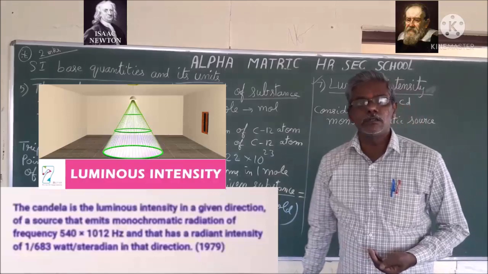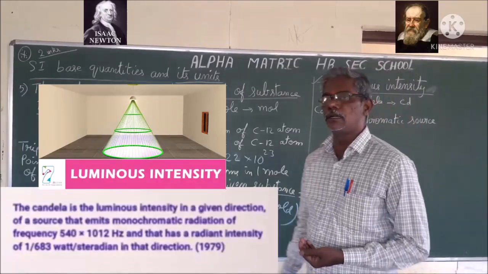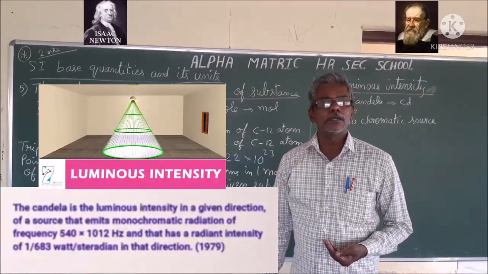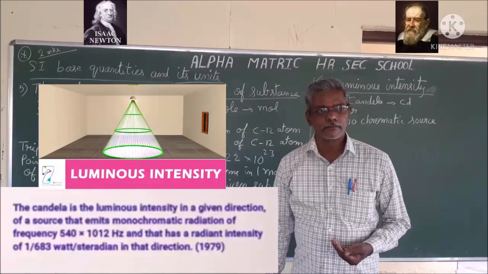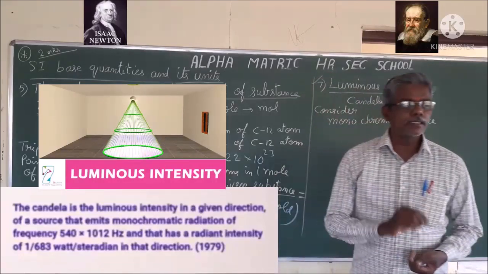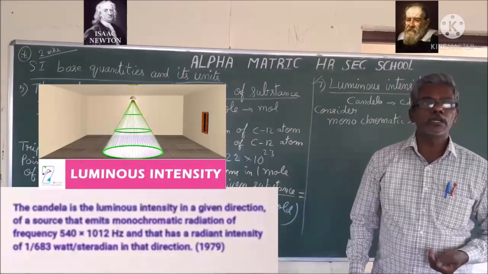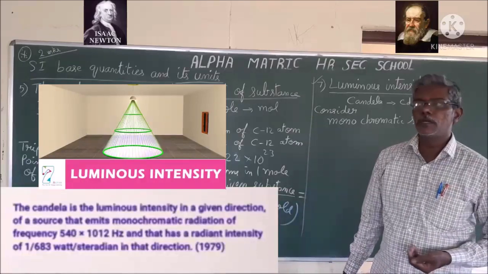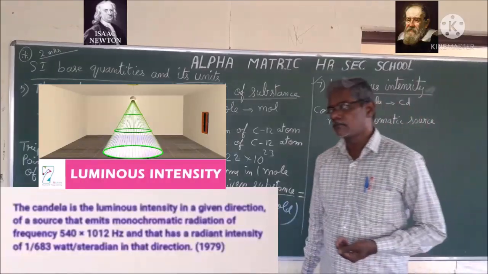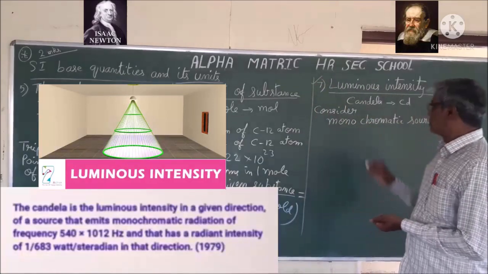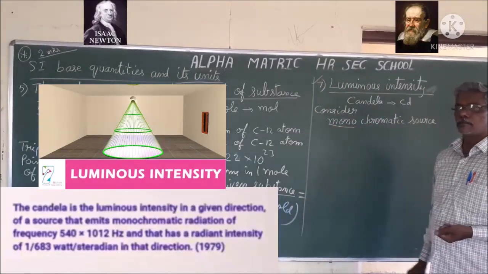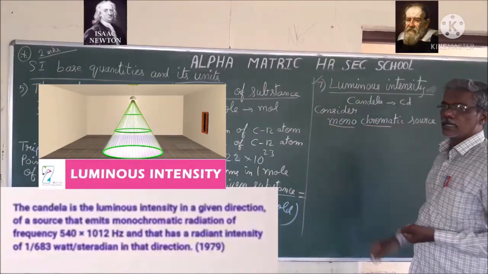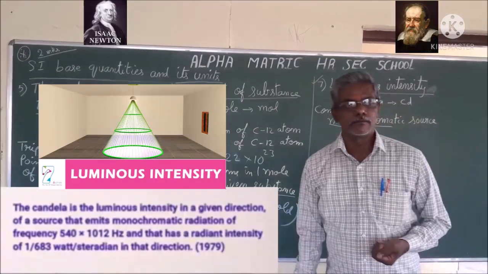Now we will go for luminous intensity. The unit for luminous intensity is candela and the symbol is cd. Let us consider a monochromatic source. Mono means single, chromatic means color, single color.